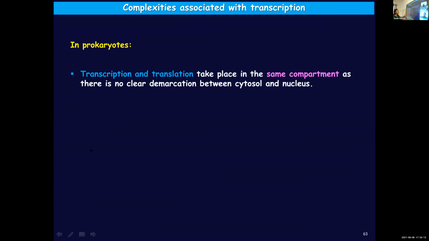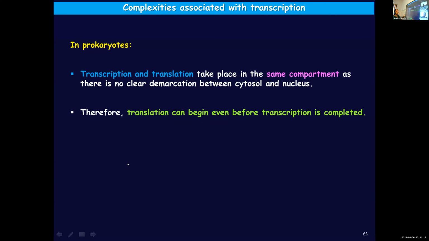But in the case of prokaryotes, there is no such difference. Both take place in the same compartment. Therefore, translation can begin even before transcription is completed. So prokaryotes don't have to wait for the transcription process to get completed, because both can take place side by side.